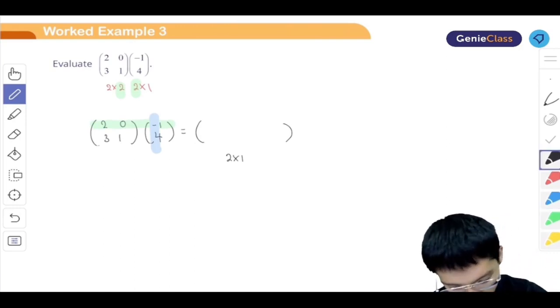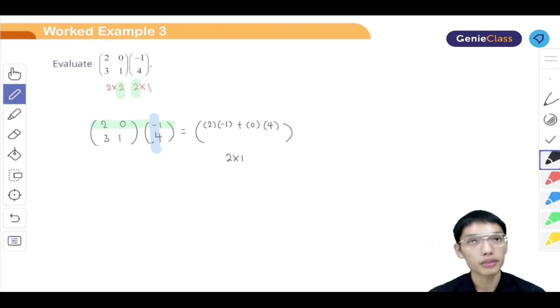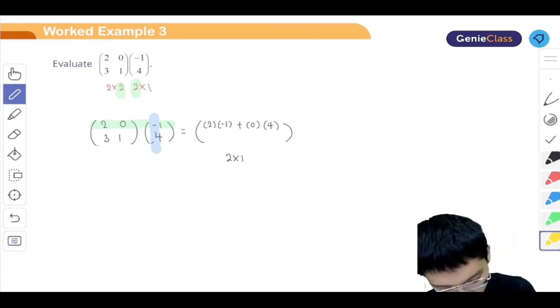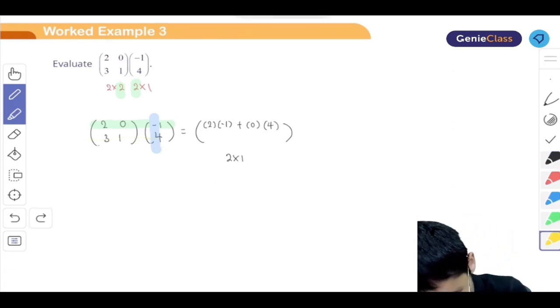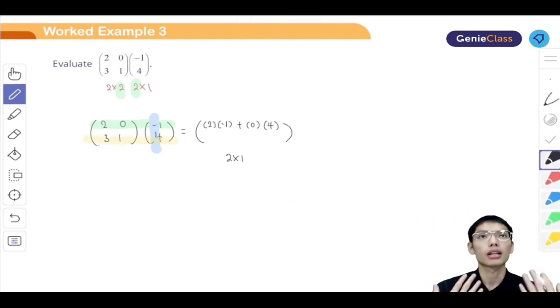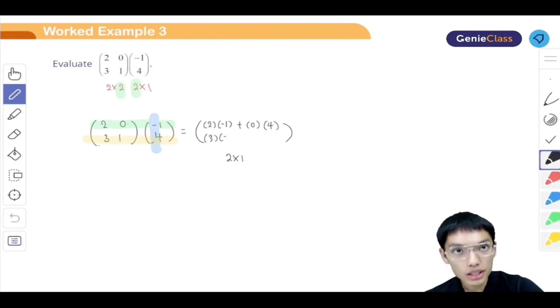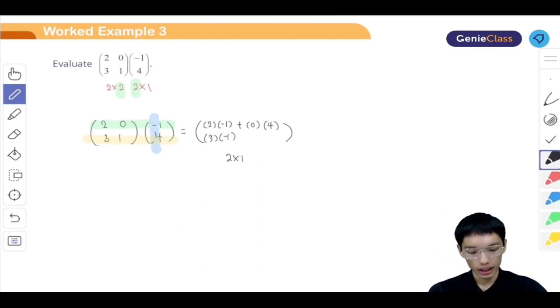So that's where I have 2 by minus 1 plus 0 by 4. Following the other way, easier to see with the yellow color highlighter. In this case, it's going to be 3 by minus 1 plus 1 by 4.